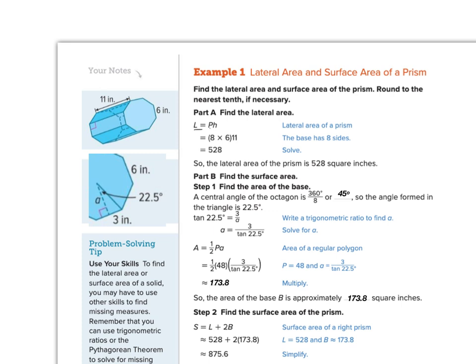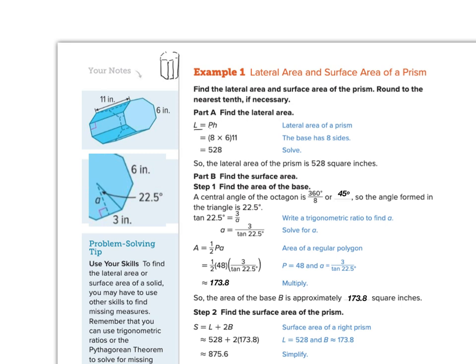Looking at this object, they're saying that the octagon is going to be the base. And of course, we have 2 octagons, so if we were to stand that up on its side, there's the octagon shape, and then there's my sides.